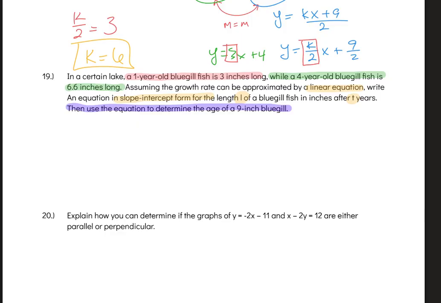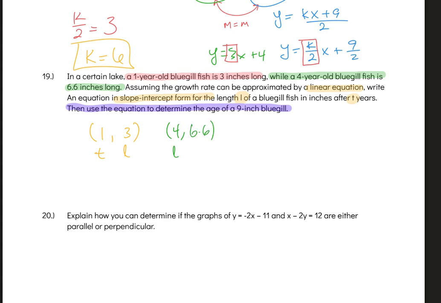Okay, so here we go. If a 1-year-old is 3 inches long, this would be T, and this would be L. And we have another version where a 4-year-old is 6.6 inches long.